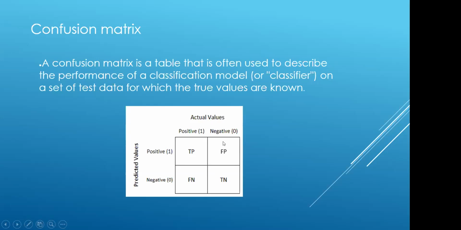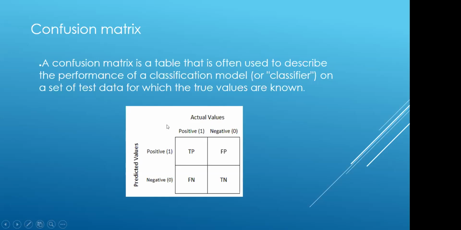False positive is when the actual is negative, but it's predicted as positive. False negative is when the actual is positive, but our model predicted negative. And a true negative is when the actual is negative and our model also predicted negative. So this is our confusion matrix.